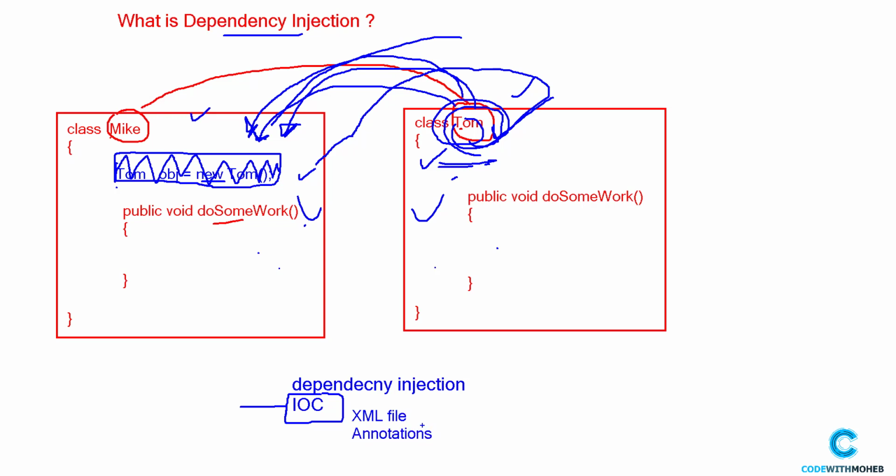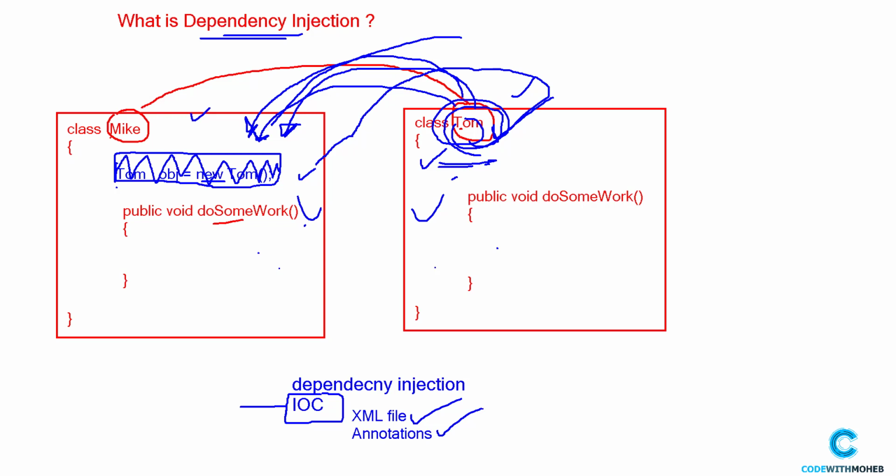These are the two things we will be doing in Spring Core. We'll cover Spring Data Integration, Spring MVC, Spring Web and all modules of Spring, with how to do it with XML files and annotation based. Also with Java classes we have another method, and I will also cover that. So this is dependency injection.